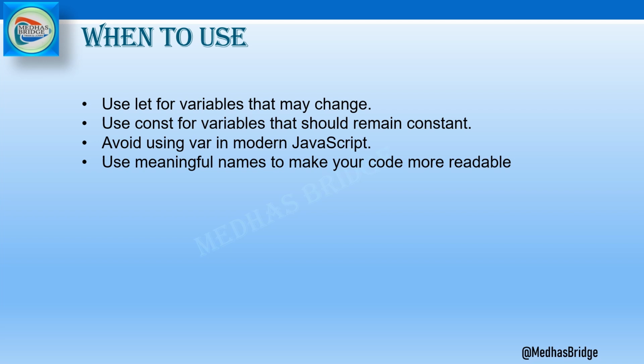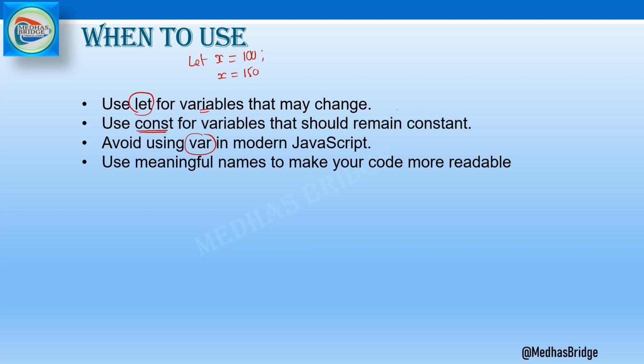Let's summarize when to use which type of variable. We have seen the keywords let, const, and also var. When you use let for a variable, it means this value may be updated at a later point in time. That means you can update the value at any given point within that scope. That is a place where you can use let for variables.